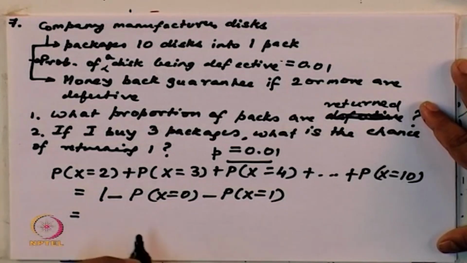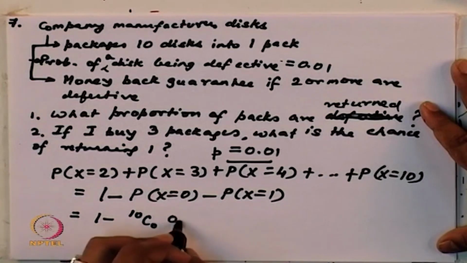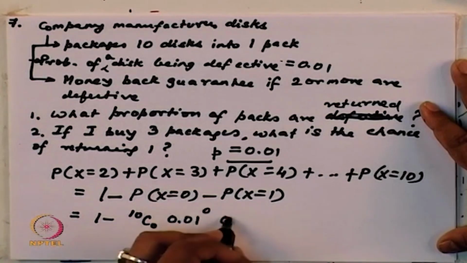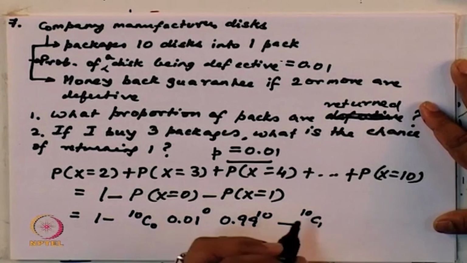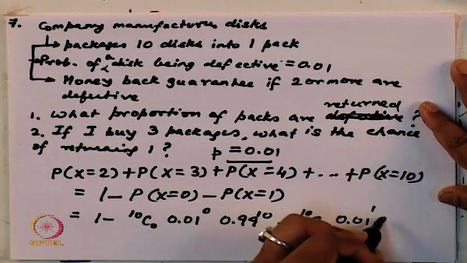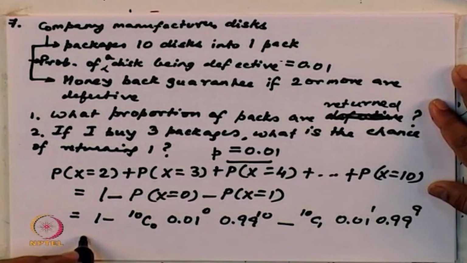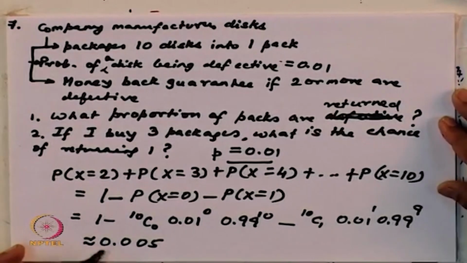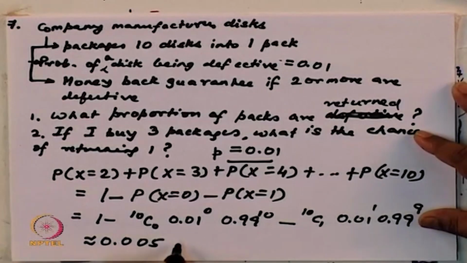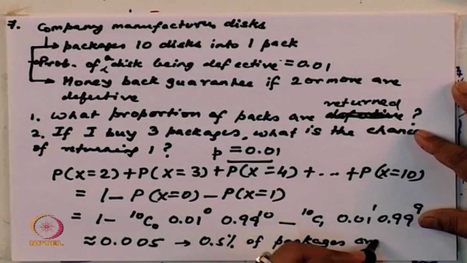So I can write this as 1 minus 10C0 into 0.01 to the power 0 into 0.99 to the power 10, minus 10C1 into 0.01 to the power 1 into 0.99 to the power 9. Okay. If you do the calculation, this will return a value of roughly 0.005. So this means that on average 0.5% of packages are returned.